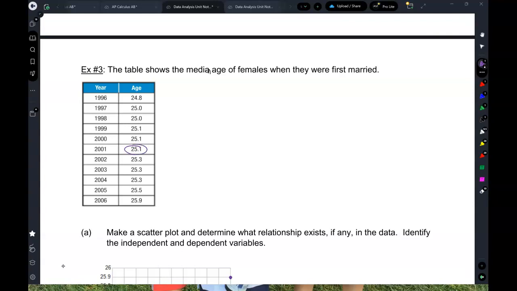It's 2001, right? That's Q2. So Q1 is 25, this one, 1998. And 2004 looks like it's Q3. So let's quickly do the interquartile range. That's Q3, 25.3 minus 25.0, 0.3, right?